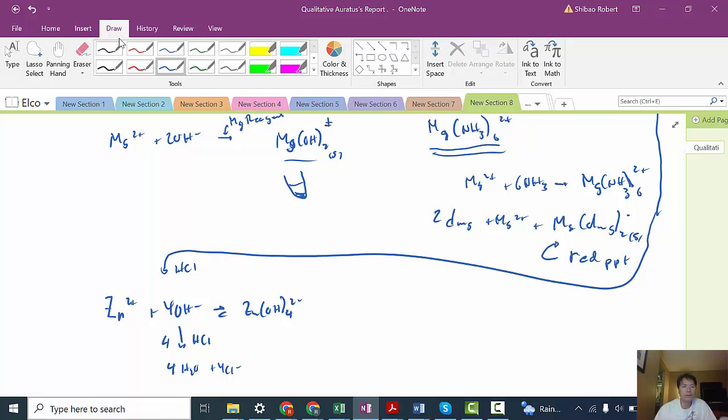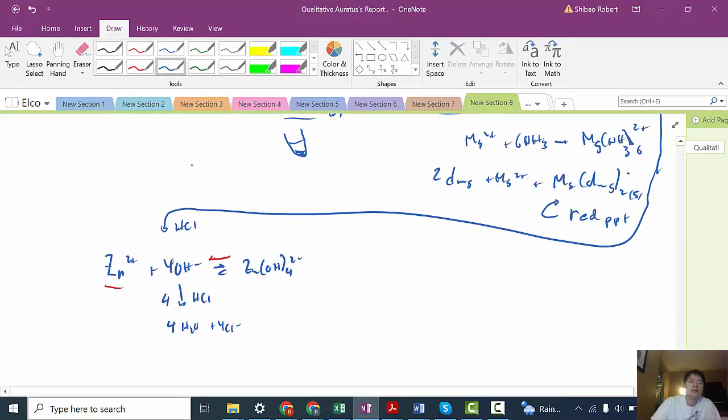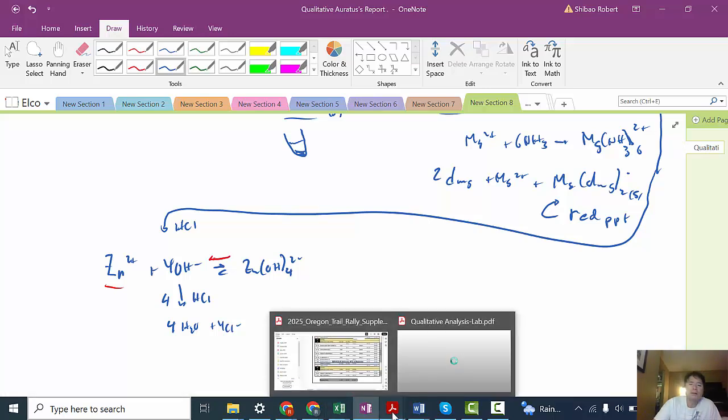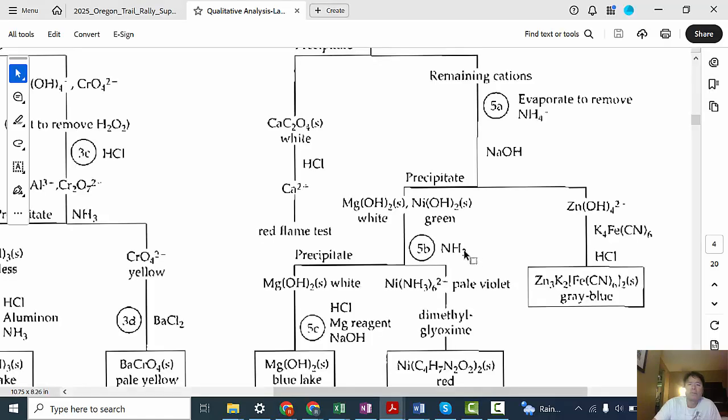And so this is going to shift to the left and eventually destroy all the complex, replacing with Zn2+. Now the Zn2+ can react here.